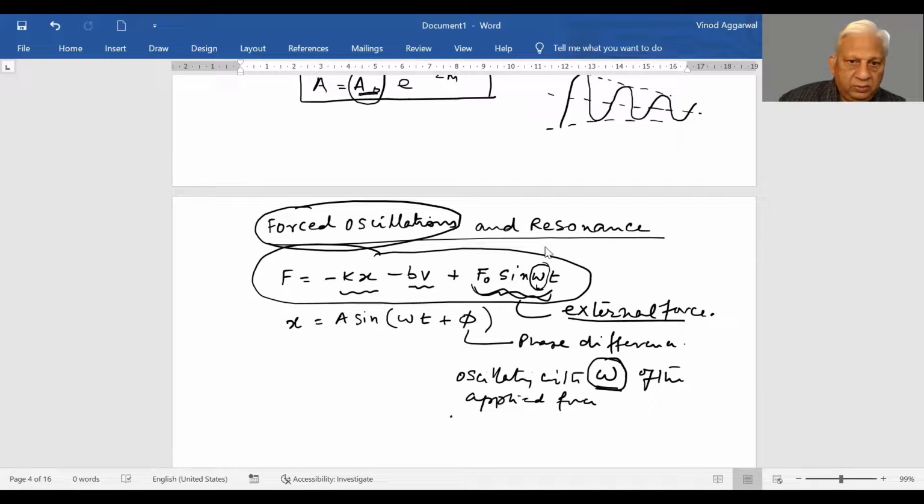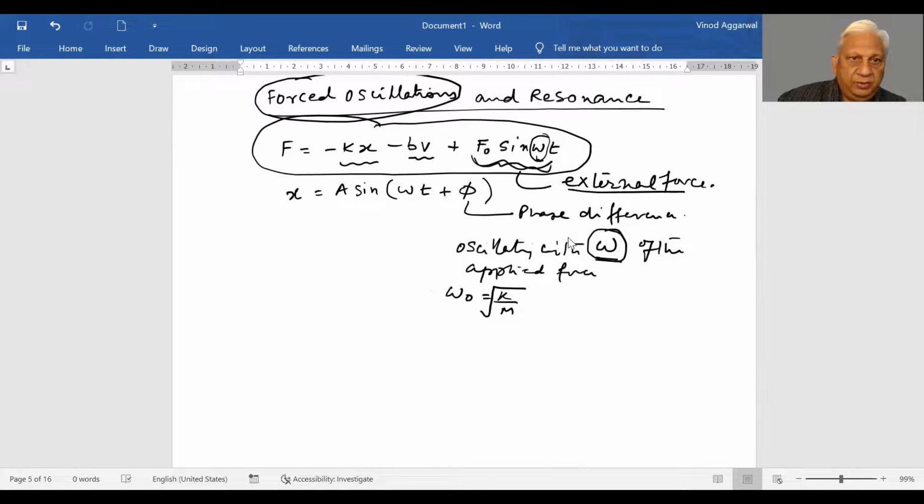And we call this, we have already seen this. So the amplitude of this particular equation turns out to be, F0 is this force. This is the mass of the body.